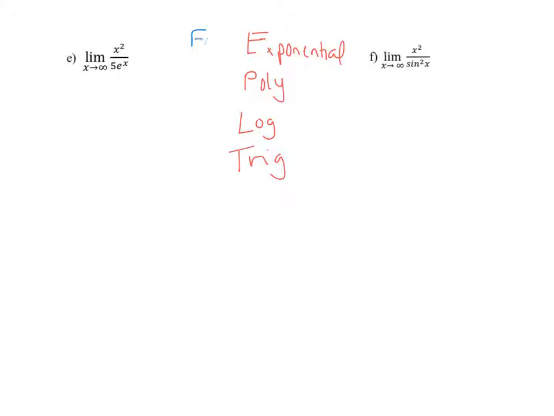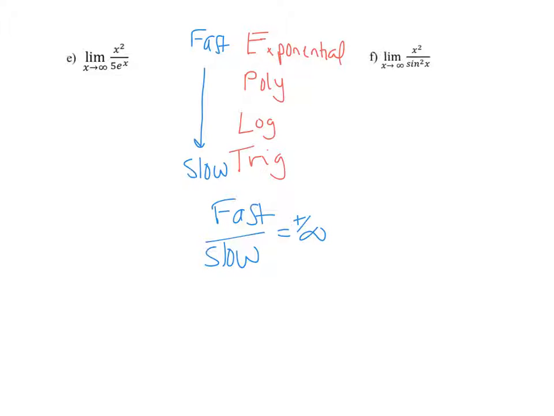Exponential is the fastest of all of these, and this just goes down to the slowest. These are basically the strengths of different types of functions. So here's the deal. When you have a fast function over a slow function and you're approaching infinity, you're going to go to infinity, well, positive or negative depending on what kind of infinity, but that's the idea. And if you have a really slow function over a super fast function, that's going to go to 0 because the bottom is faster.